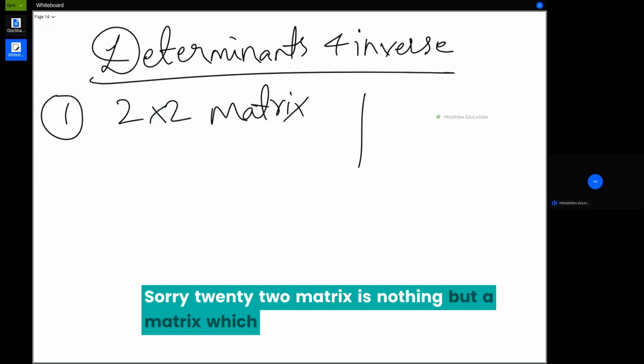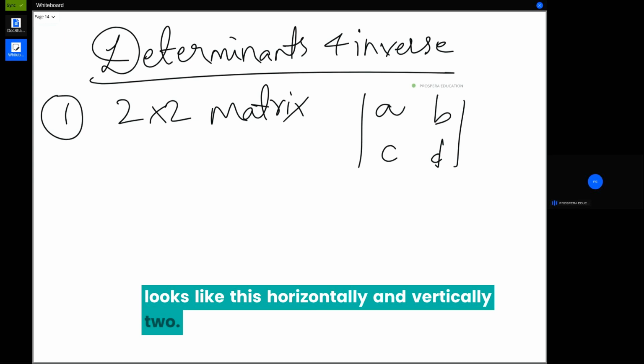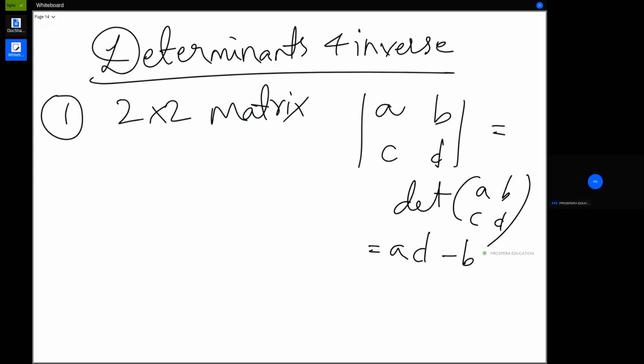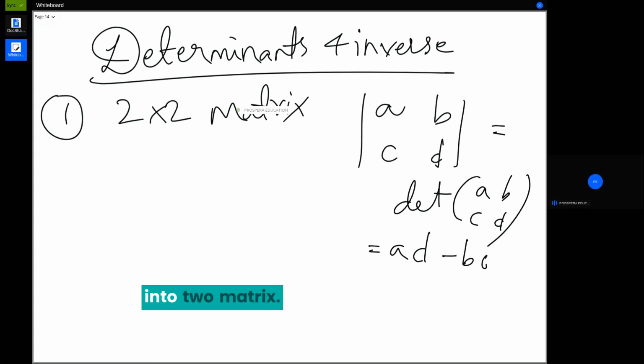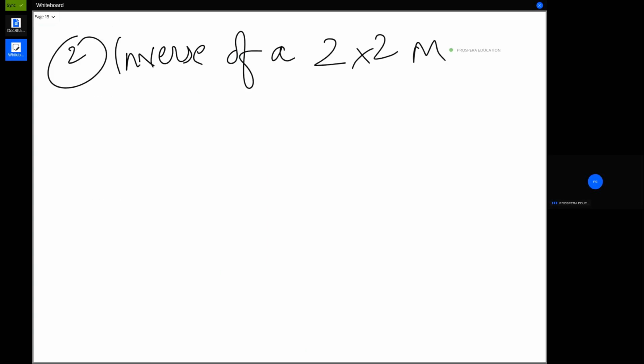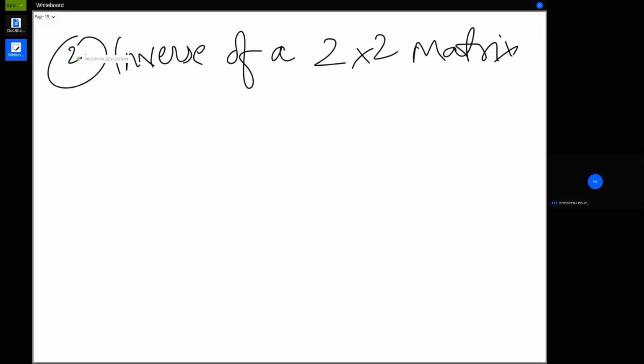A 2 by 2 matrix is nothing but a matrix which looks like this, horizontally 2 and vertically 2. So after that, I'm going to talk about the inverse of a 2 by 2 matrix. And then we're going to talk about economic application, which is about labor market transitions.